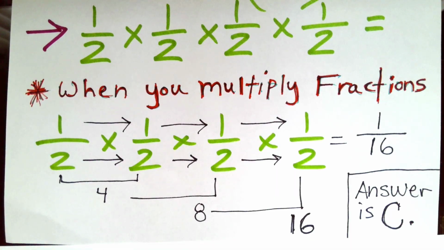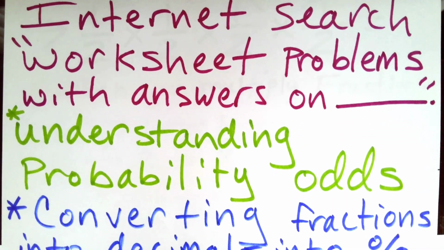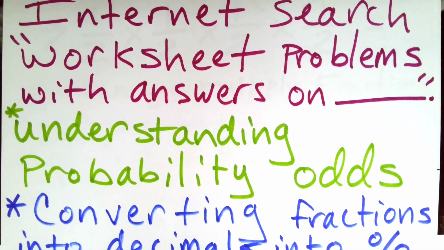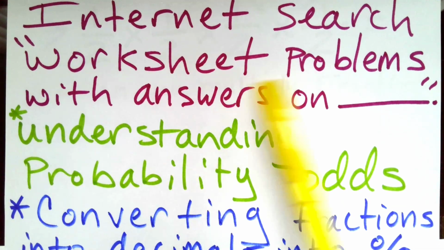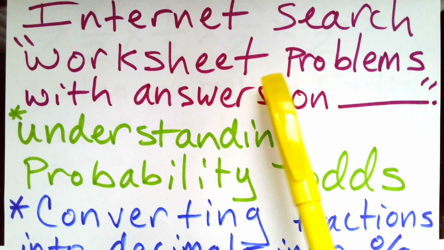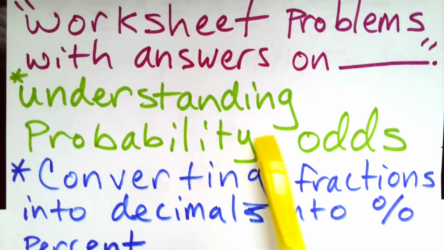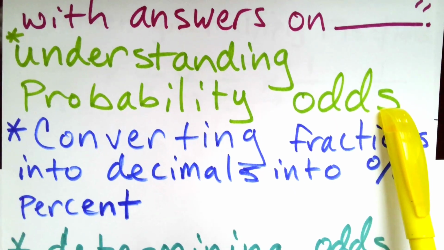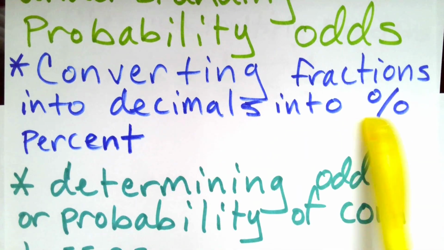Okay. Let me show you some of the internet search that you can conduct in order to practice these new skills, right? So internet search worksheets or worksheet problems with answers on understanding probability odds, converting fractions into decimals into percents.